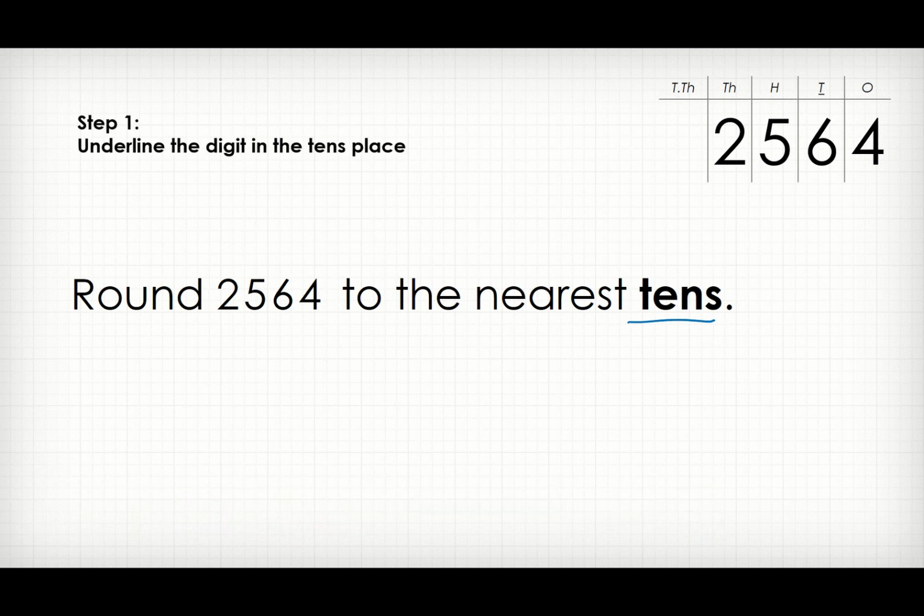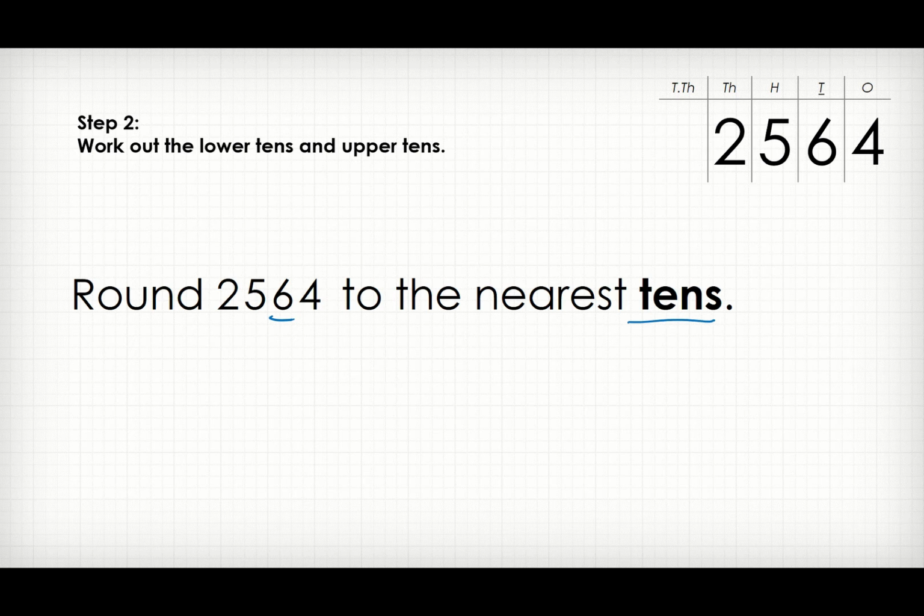Okay, now to solve this question, the first step is to underline the digit in the tens place, because the question asks for the nearest tens. Second step, we want to work out the lower tens and upper tens. Now what do I mean by lower tens and upper tens?